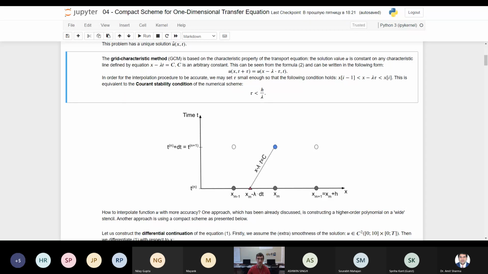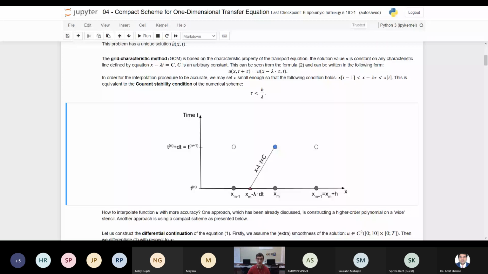Usually this can be shown on a picture like this. These types of pictures are very common when we talk about one-dimensional equations in partial derivatives. We have one axis corresponding to the spatial coordinate x, where we mark the points of the grid.